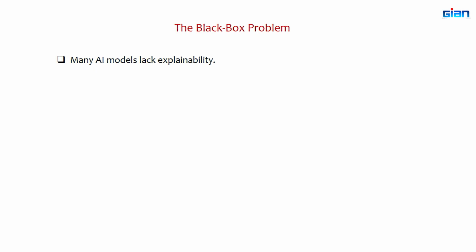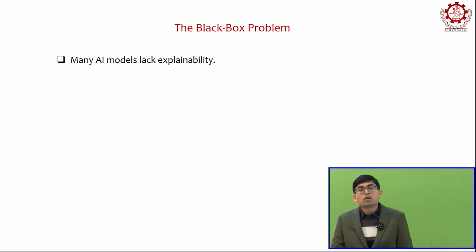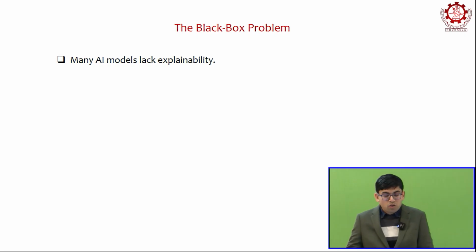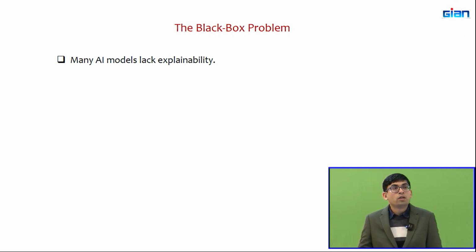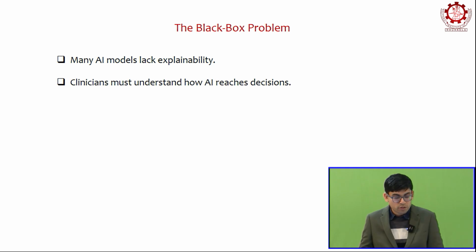So what is the black box problem? It all comes down to the interpretability and explainability aspect that we have covered. Many of these models lack explainability. Yes, they perform really well, but if we can include some level of interpretability and explainability into how the model is coming up with a particular decision, that will help drive adoption much faster.